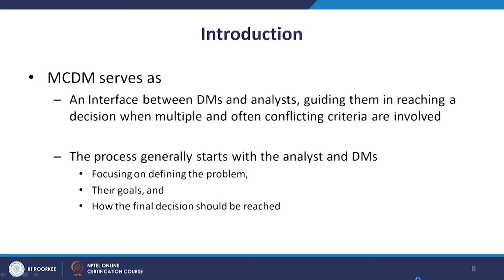There are going to be a number of sub steps which are part of the first step itself. We also decide the kind of method that we are going to adopt to reach the decision. So the process would involve some of these steps.